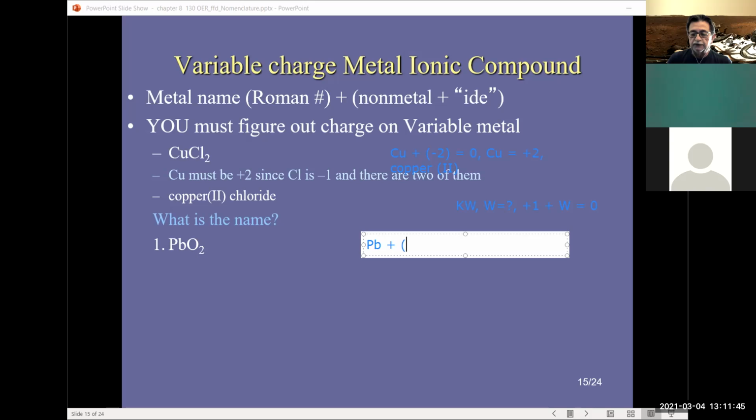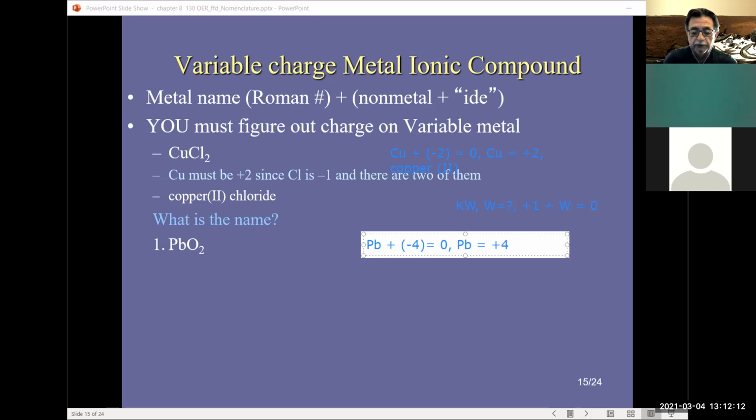Since each oxygen is a -2, we have a total of -4, because the formula we're given is PbO2. Now we got that set up, we solve for lead. Obviously, lead here has to be +4.